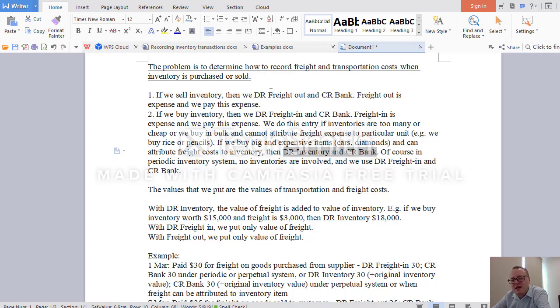But if you are using freight in or freight out, then here you put only the value of the freight. Here you'll put 3,000, 3,000, and here 3,000 and 3,000. But if you use inventory account, you must add together the value of inventory and the value of freight.